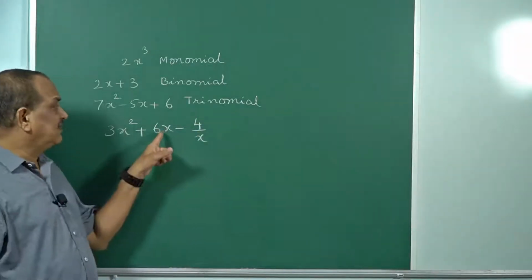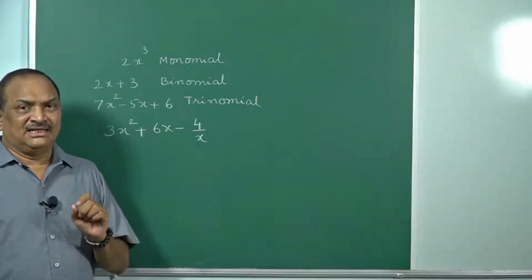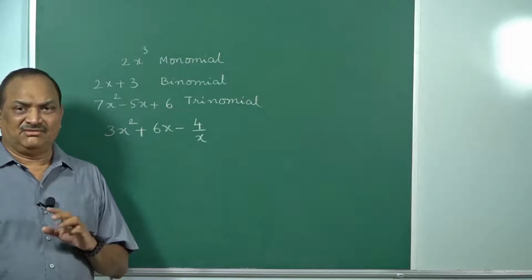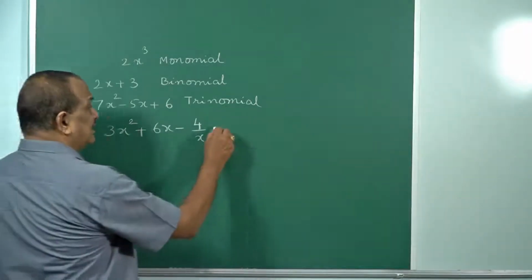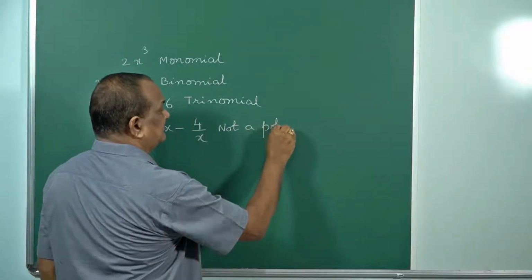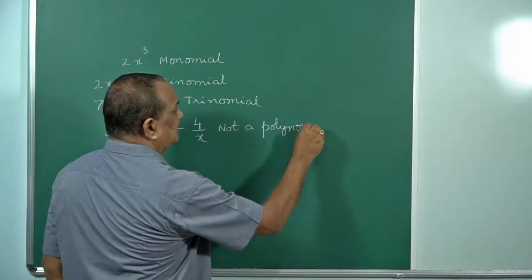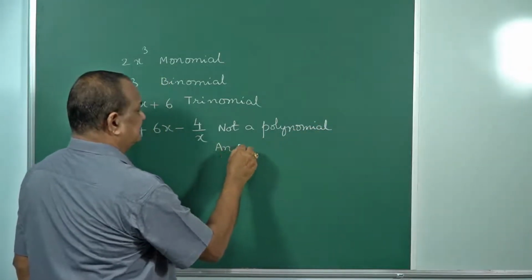So this is not a polynomial. If you find a variable in the denominator, it is an algebraic expression, sure about it, but it's not a polynomial. You can call it an algebraic expression.